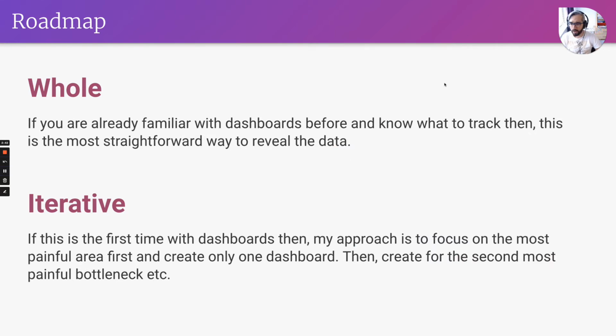I mentioned the iterative way in the previous slides. In the iterative one, you are starting small, and I suggest this way if you are new to creating dashboards and don't know what to build or what to put in the dashboard.